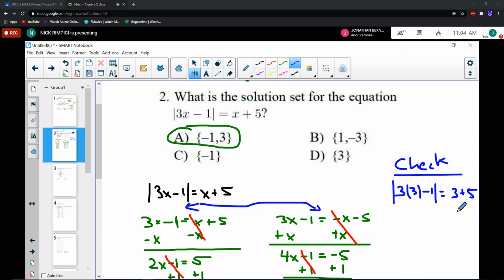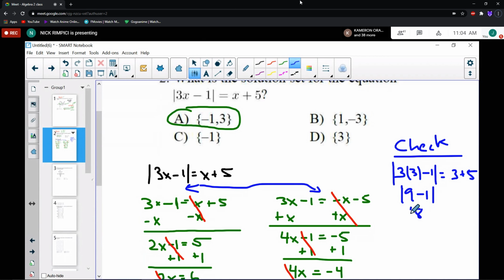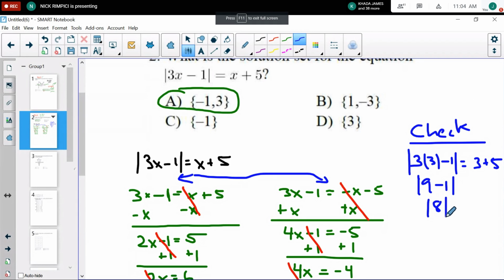Okay, so if we work this out, it's pretty easy. 3 times 3 is going to give me 9. And then 9 minus 1 is going to give me 8. And then the absolute value of 8 is just 8. So that was pretty easy.